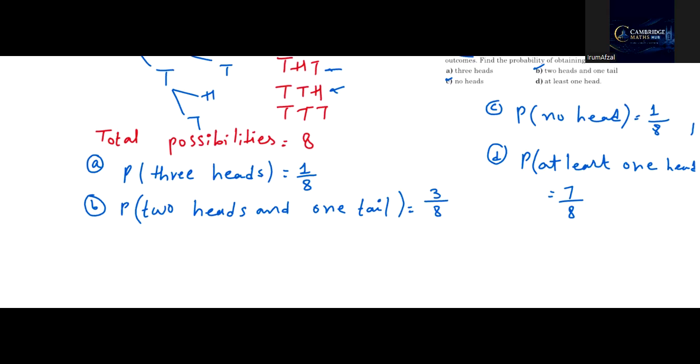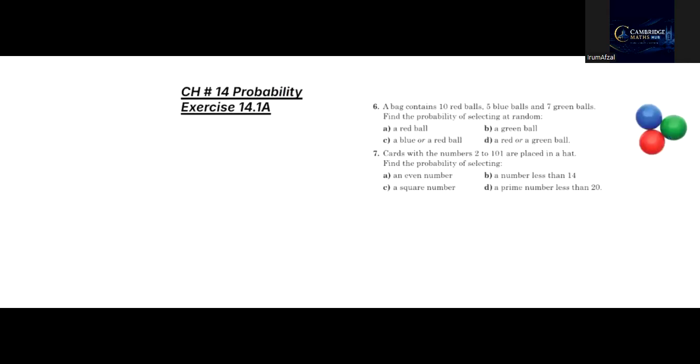Now let's move to the next part number 6 of this exercise. So moving towards part number 6, they're saying a bag contained 10 red balls, 5 blue balls and 7 green balls, and we need to find out the probability of selecting a red ball, a green ball, a blue or red or green ball. Okay, so for part number 6, again, first we must know how many total possible outcomes are there.